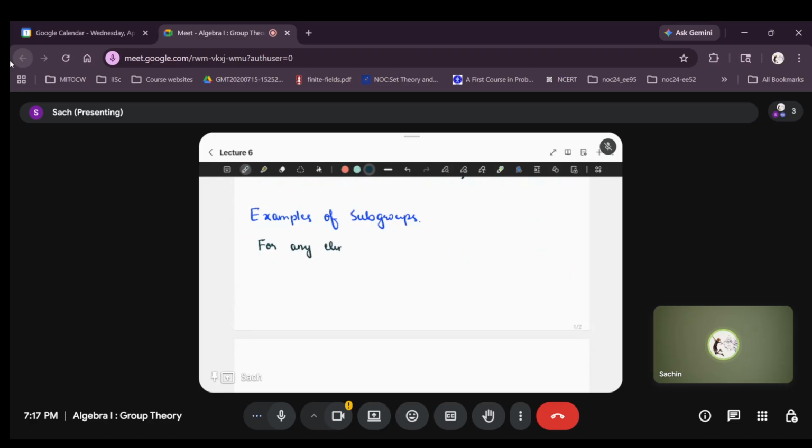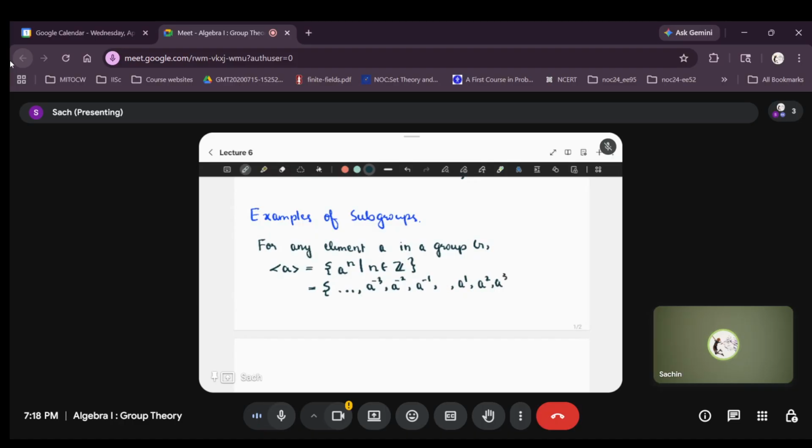For any element A in a group G, we define this to be the set of all A power n, n in Z. That is the set of all powers of A, including the negative powers and the positive powers.